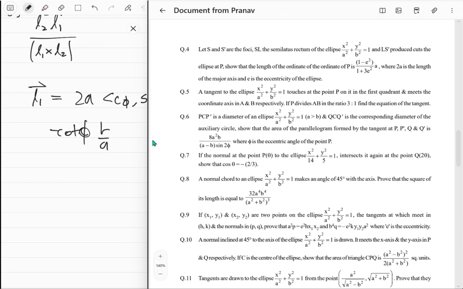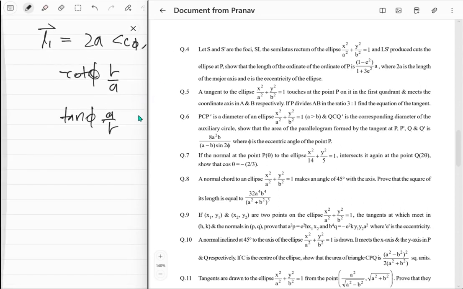So that will be the slope of the tangent in the ellipse, right? For the normal, you just want negative one upon this thing, that's tan phi times a upon b, right? Understandable, fine.